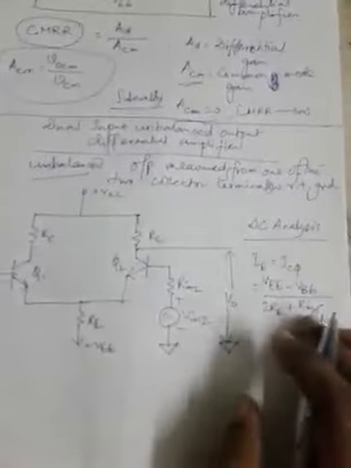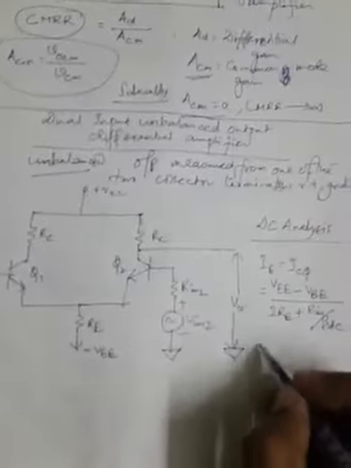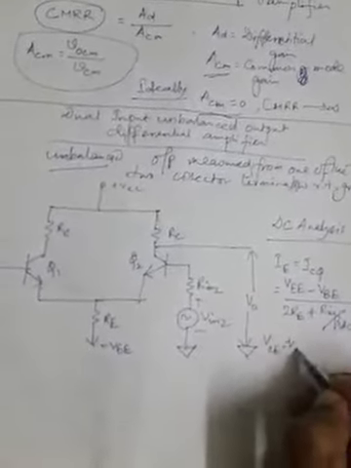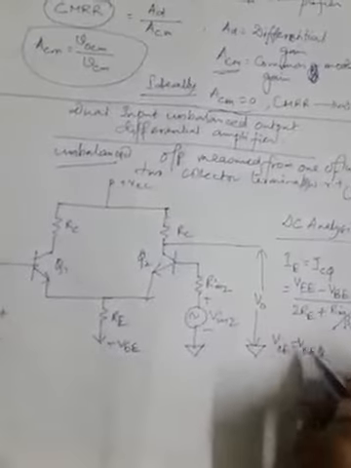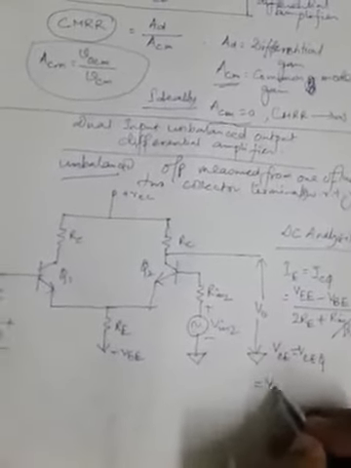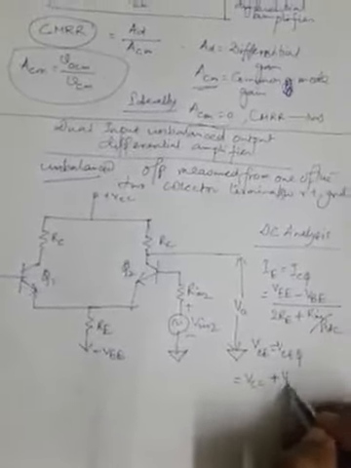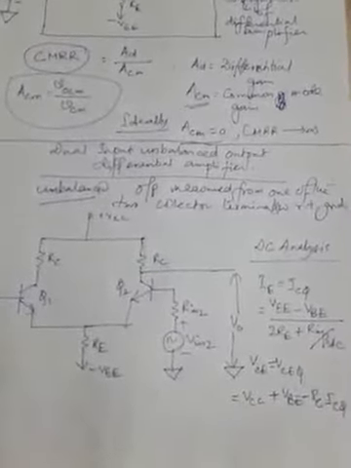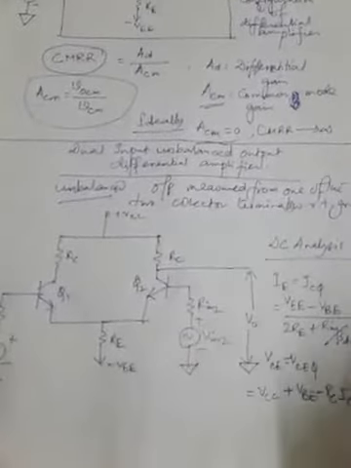This was for the quiescent collector current, and the quiescent collector to emitter voltage VCEQ is given by VCC plus VBE minus RC ICQ.